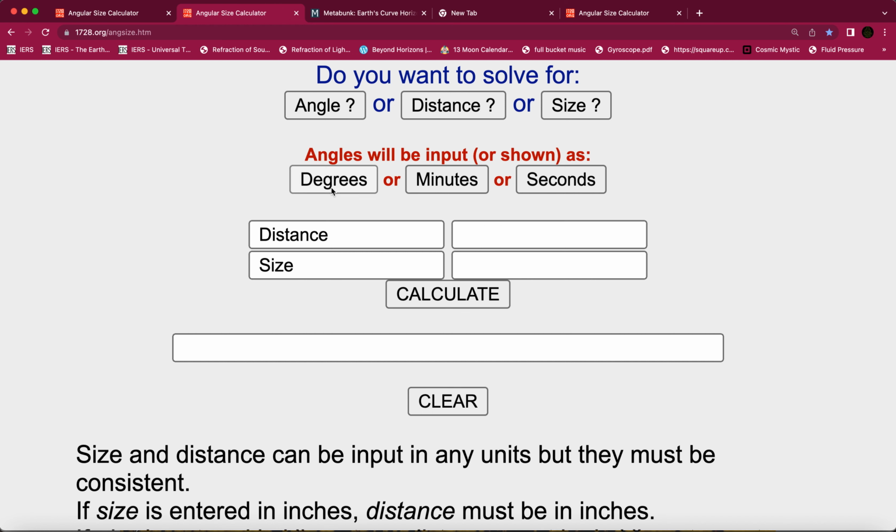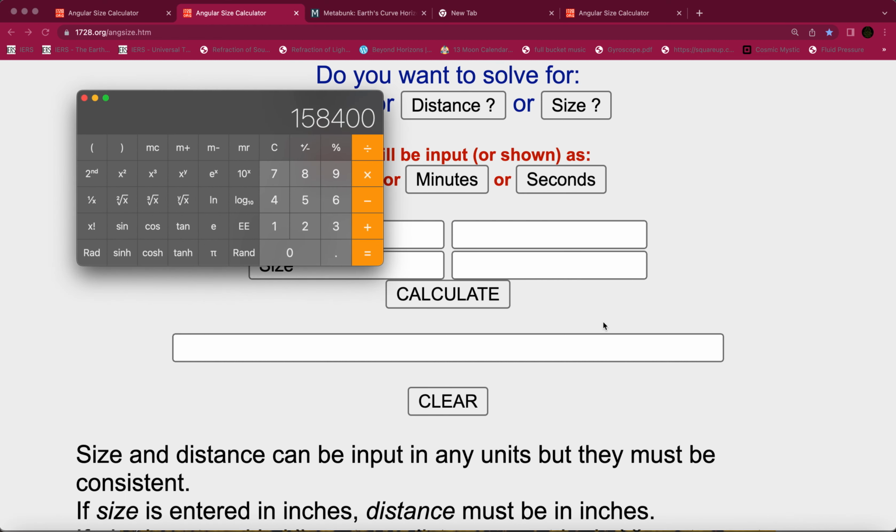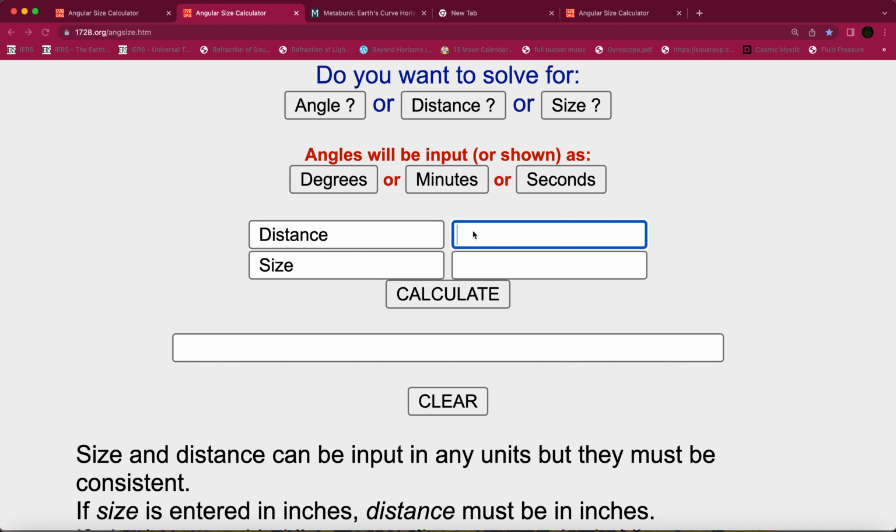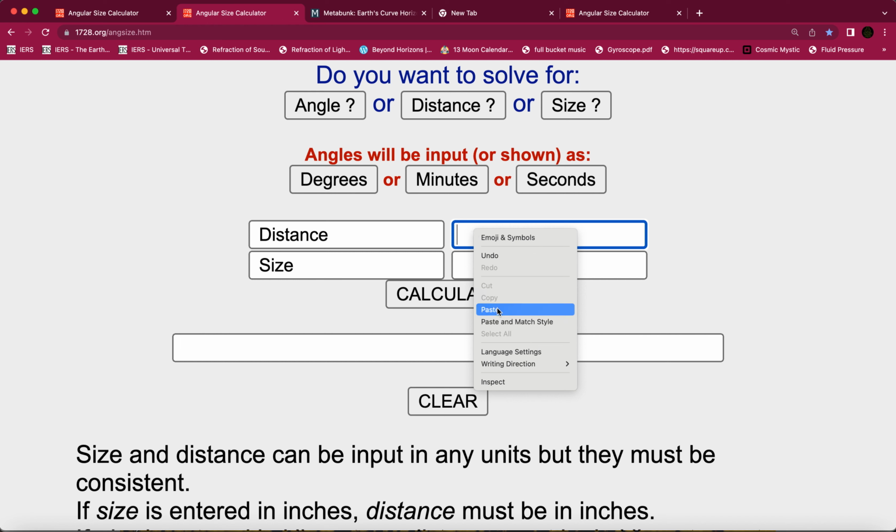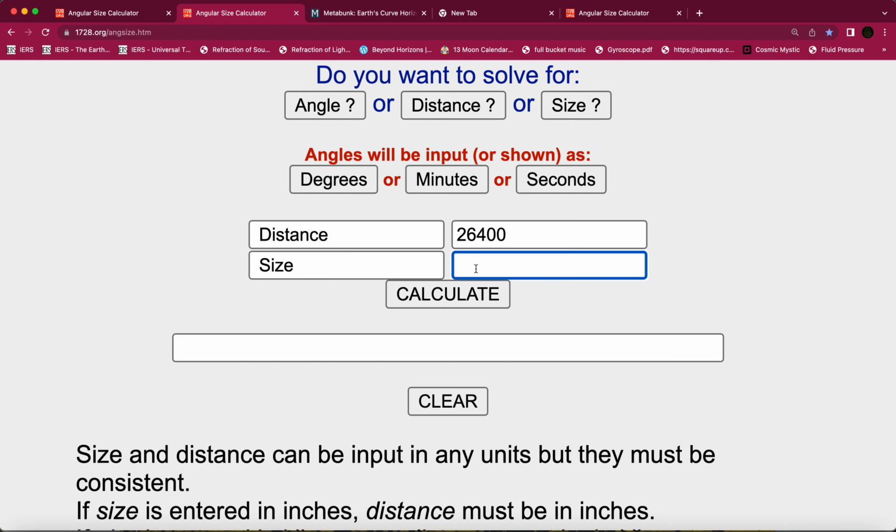Angle, degrees, distance. 5280 multiplied by 5 equals 26400, right? So edit, copy, paste 26400. Size 20 feet, right? 0.04, right?